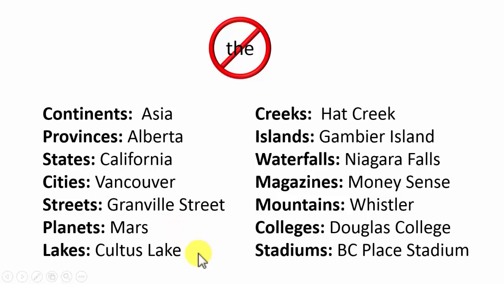Lakes, Cultus Lake. Creeks, Hat Creek. Islands, Gambier Island. Waterfalls, Niagara Falls. Magazines, Money Sense Magazine, National Geographic Magazine. Mountains, Whistler, Grouse Mountain. Colleges, Douglas College. Stadiums, BC Place Stadium. Don't use "the" with these proper nouns.